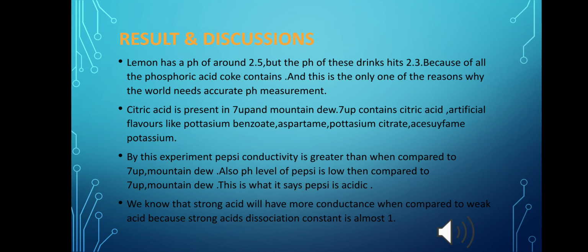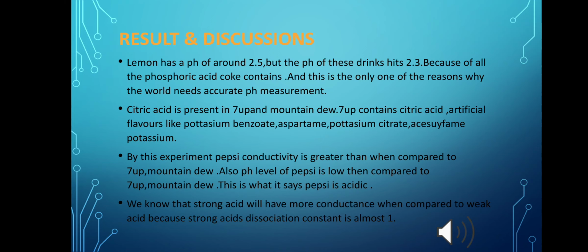We know that substances with a larger equilibrium constant conduct more because they dissociate into ions easily. So Pepsi exhibits more conductance compared to the other two. This is the result and discussion about conductometric titrations.